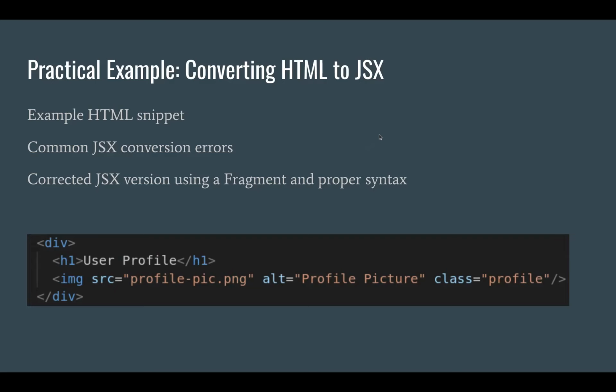For example, adjacent elements have to be wrapped in a fragment, and attributes like class need to be converted to className. So through seeing this example, we can see how JSX requirements such as wrapping adjacent elements and properly closing tags help us to write more structured and error-resistant code.